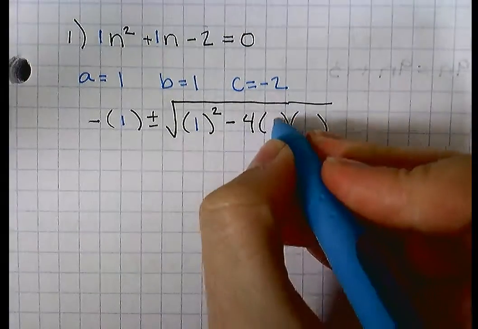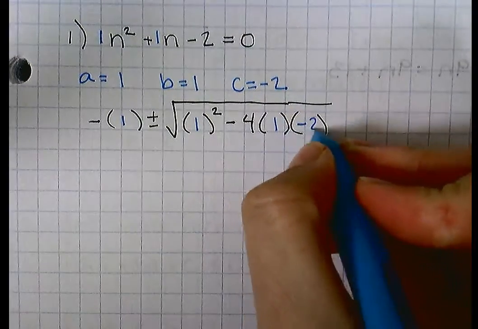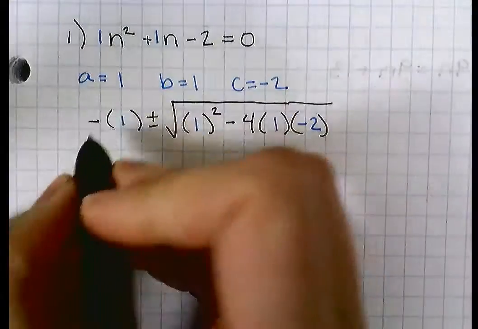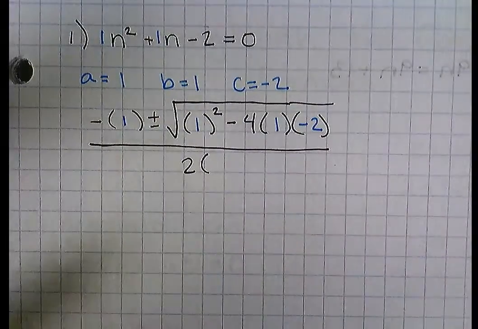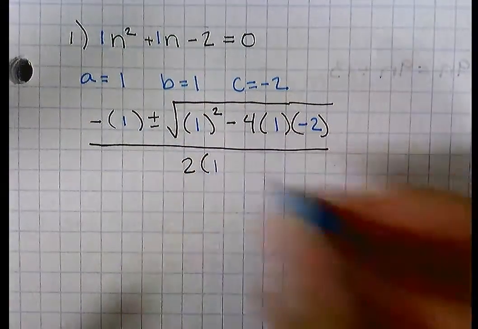A is 1 and C is -2. All of this divided by 2A, and A is 1.